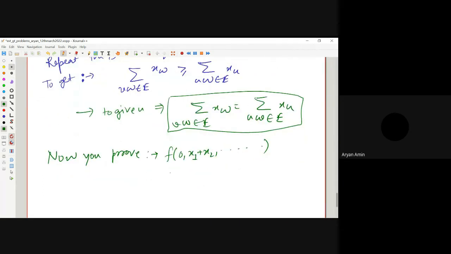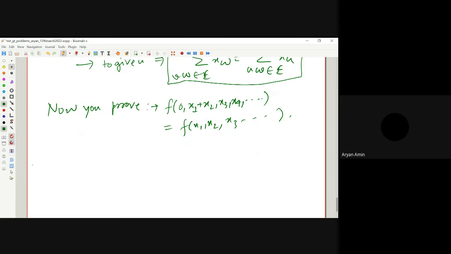So now you prove that f of 0, x3, x4 is equal to f of x1, x2, x3 and so on. So just write it out and expand and use this.